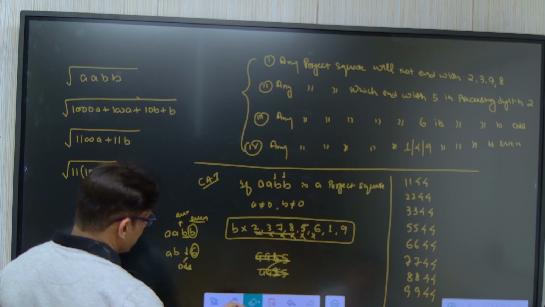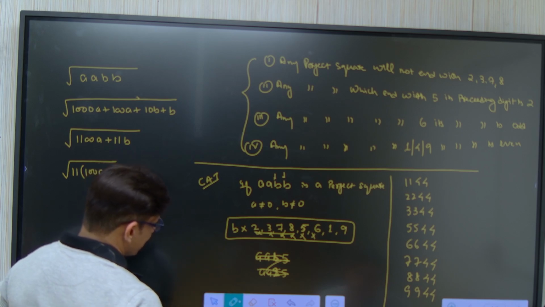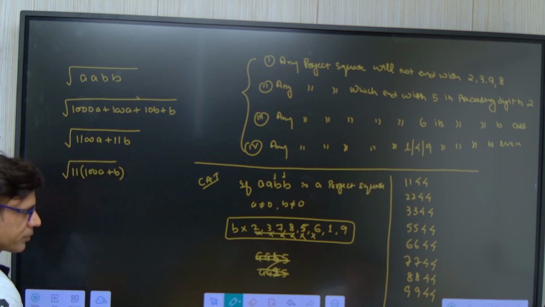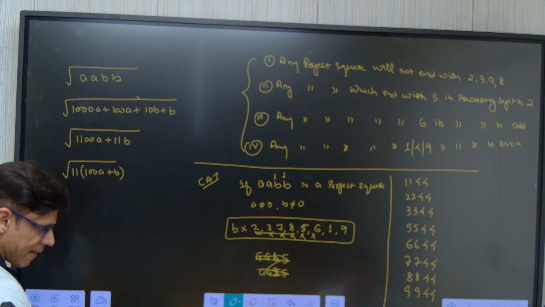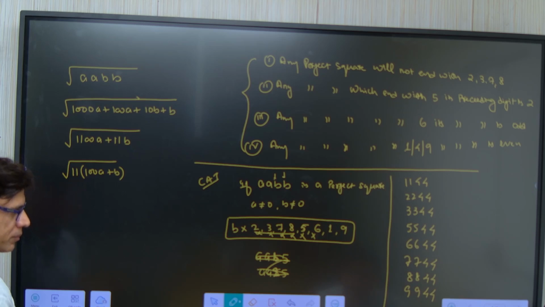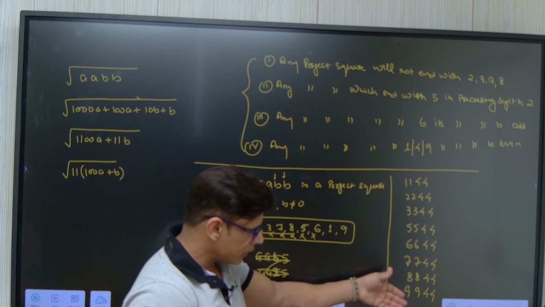Same way, can it be 1? Can it be 1? And it cannot be 9 also. So the only possibility is what? 4, right? So if the only possibility is 4, then these are the numbers, or not?